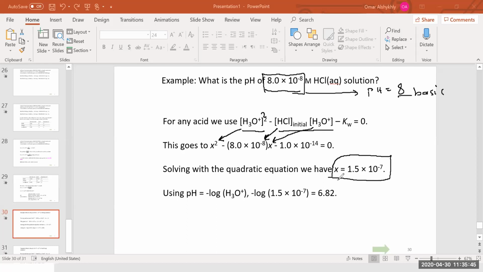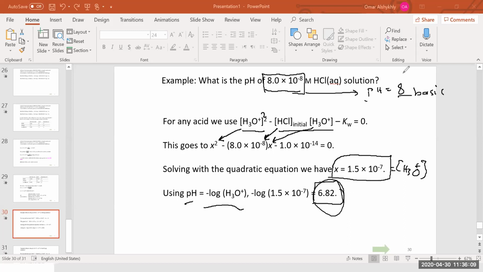And that will represent the concentration of H3O positive, which we needed to calculate the pH, equal minus log of the concentration of H3O positive, and that will give us 6.82. So look at here, this is the pH.